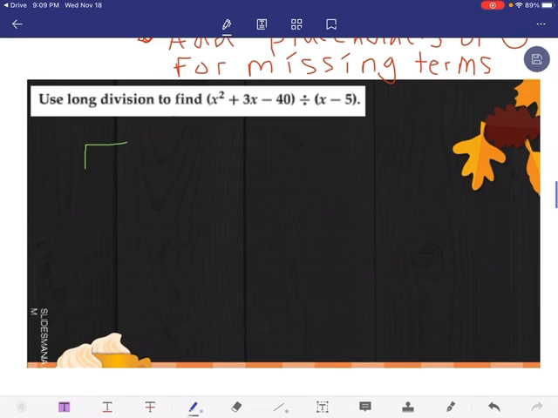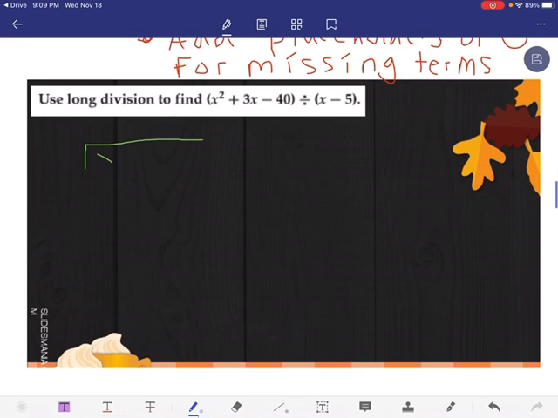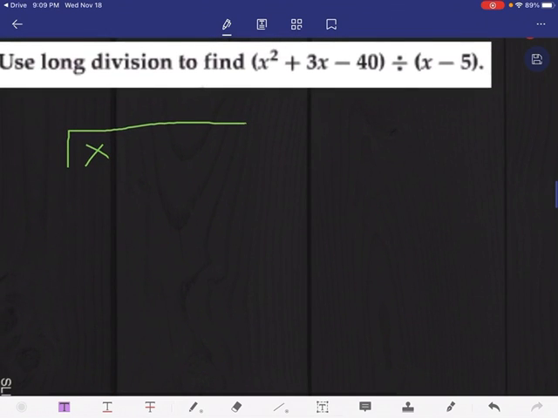So we can go ahead and just set up our division. It's the same type of division bar that we had for our normal number. Our dividend goes on the inside, so remember that that is what we're dividing into. So we put the x squared plus 3x minus 40 on the inside, and the x minus 5 is what goes on the outside.